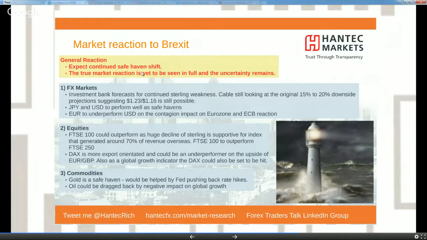The euro will be a weaker currency as well. I think euro dollar is going lower. Subsequently, the euro is under pressure because of the contagion impact from its nearest major trading partner, which is under such economic turmoil at the moment.